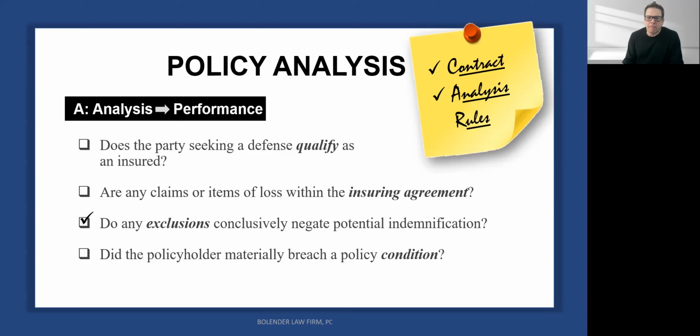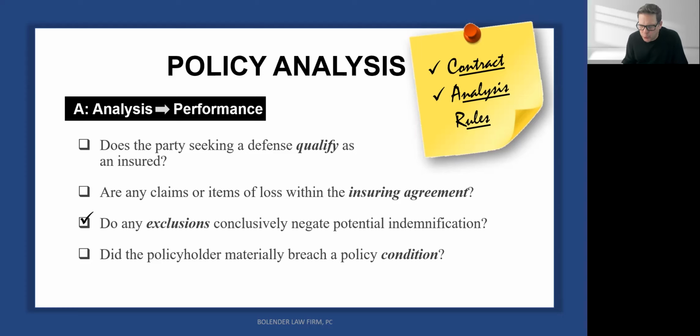But it's also important as a coverage analyst to be able to spot the issues and to understand the four major types of policy provisions. So I'm going to go through here very quickly and go through the four major issue groups in the natural sequence that you would want to analyze.